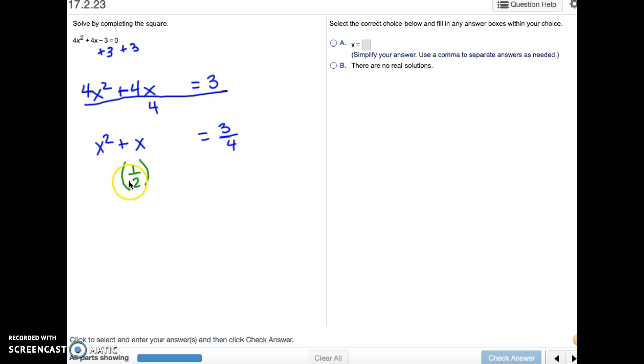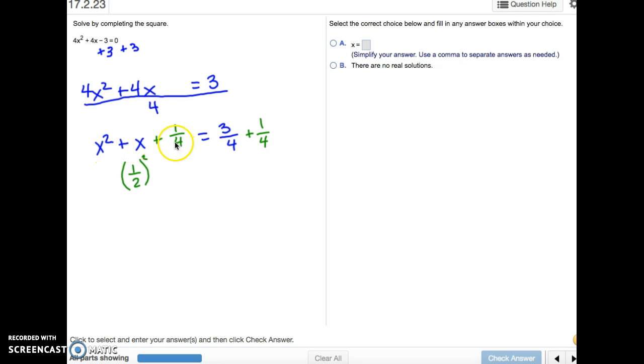Now, if you need a calculator, you can use a calculator, but squaring fractions is really just a matter of squaring the top and squaring the bottom. So this is always going to be plus. 1 squared on top is 1, and 2 squared on the bottom is 4. And since I've added 1/4 to the left, I need to add 1/4 to the right.